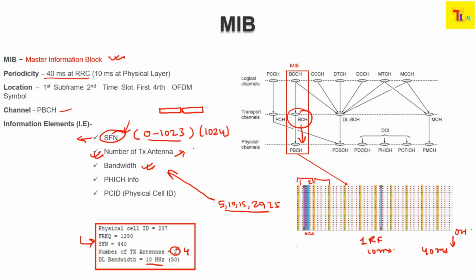And when we talk about the subframe number, it will be between 0 to 9, so 0, 1, 2, 3 up to 9.